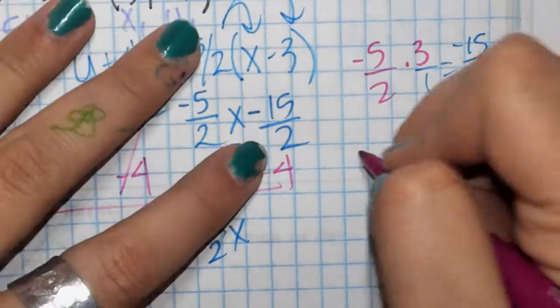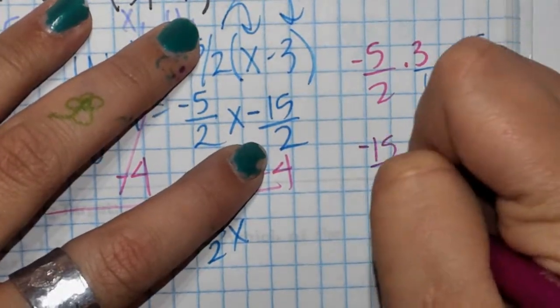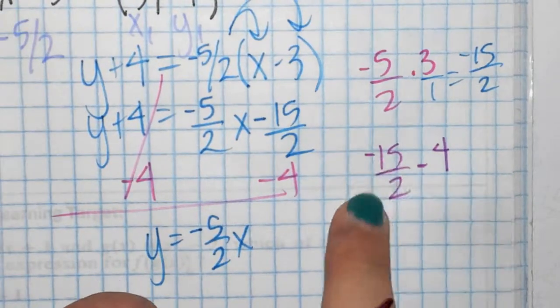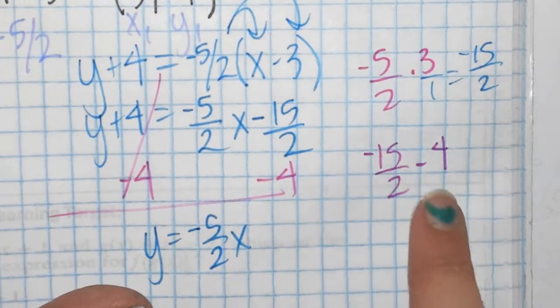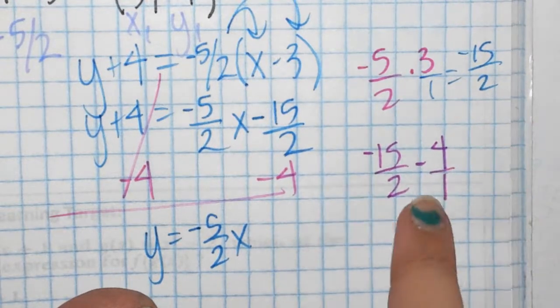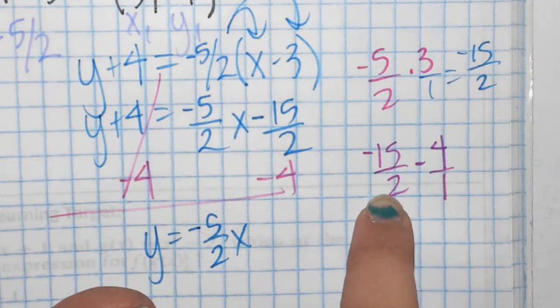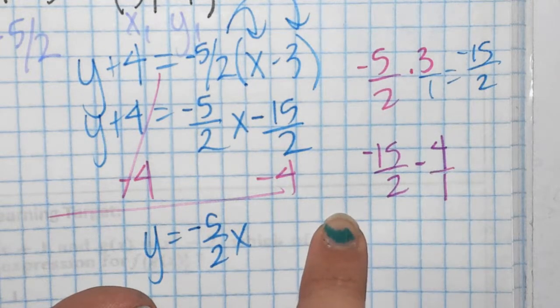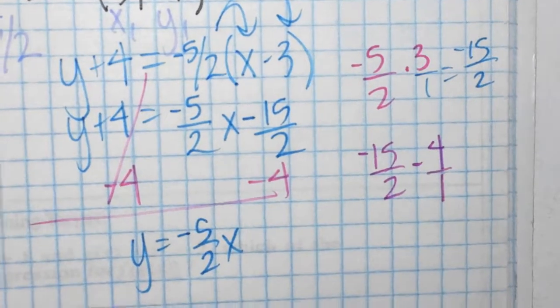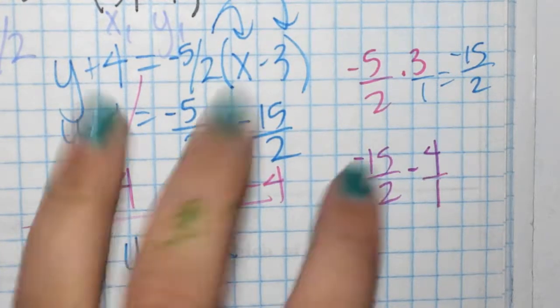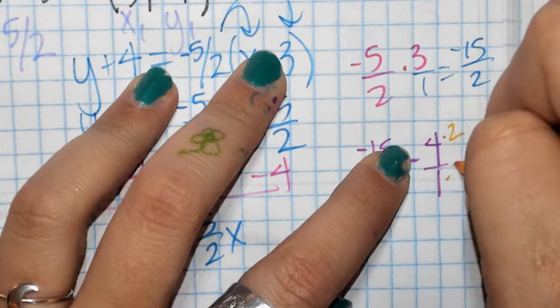Alright, I'm doing it in a different color. Negative 15 halves minus 4. Now, when we subtract, we need common denominators. What is this 4 hanging out with? An invisible 1. How could we turn this 1 into a 2? Multiply by 2. Alright, so let's multiply the top and bottom by 2.